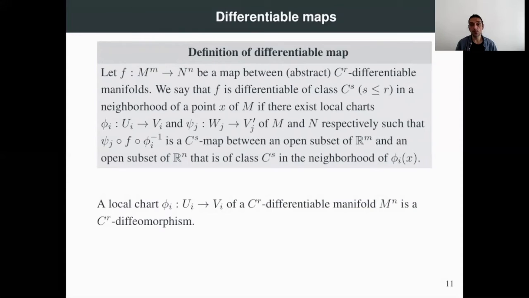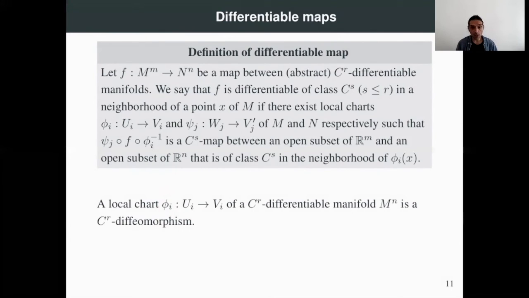What do we have to do in order to know whether or not this local chart is a diffeomorphism? It's just considering its expression in local charts. We have a natural local chart for M, which is going to be phi sub I, and we are going to have also a natural local chart for the open subsets of the Euclidean space, which is going to be just the identity.